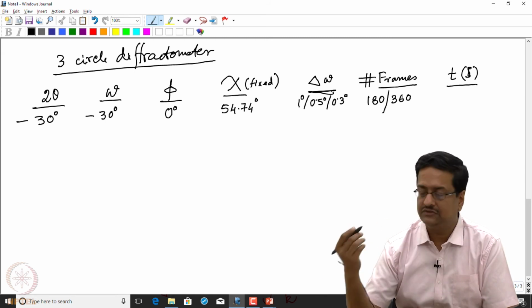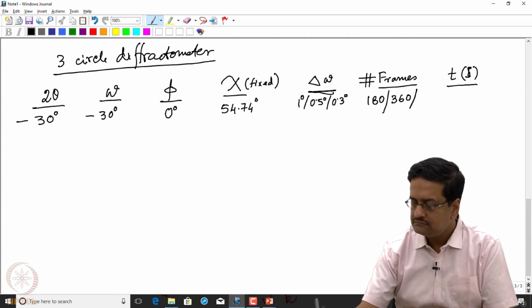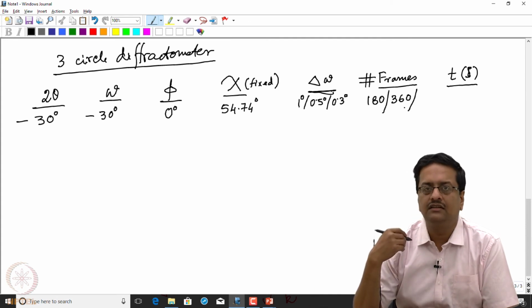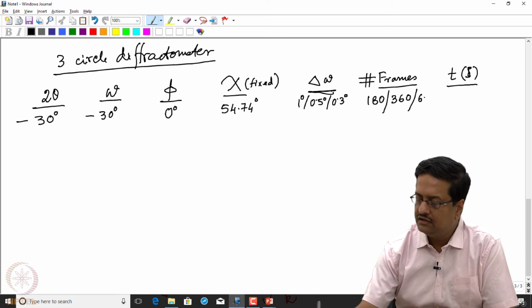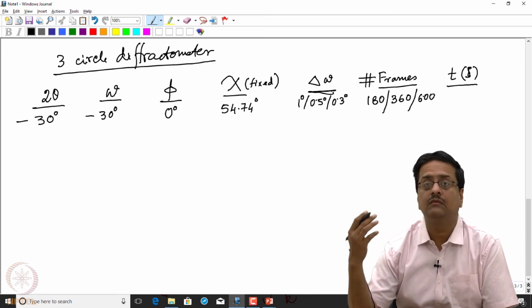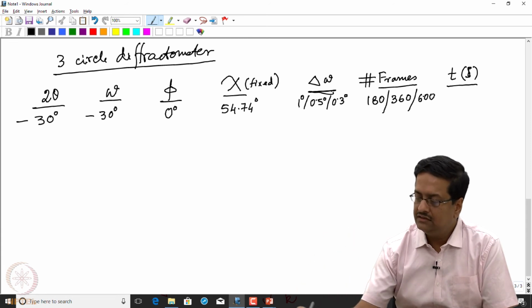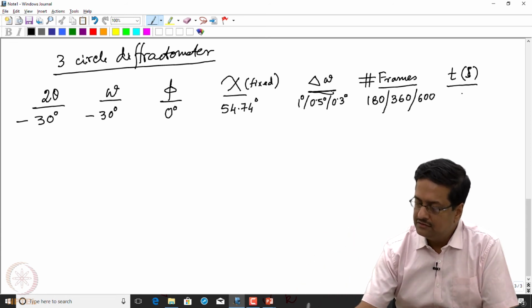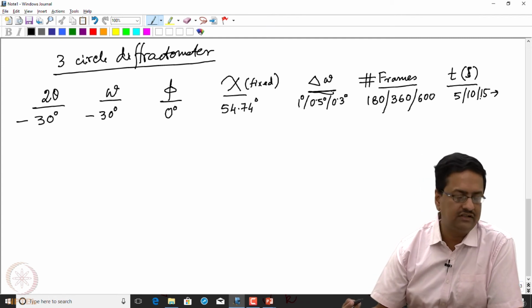So, the number of frames get increased. If I use 0.3 degree width, I would need 600 such frames. That means much more number of frames. And this time in seconds can be 5 or 10 or 15 or more, depending on the quality of the crystal, the way it diffracts.